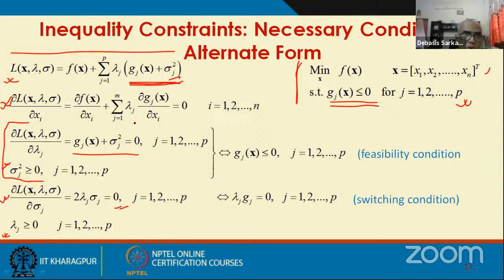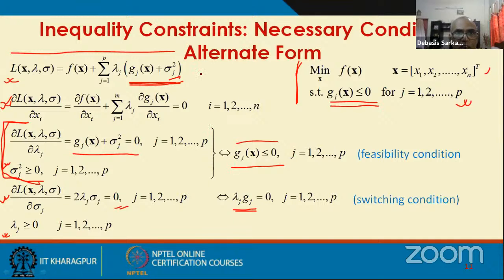So these two can be replaced by this single statement that g be less or equal to 0, the feasibility condition. Similarly, this del L del sigma j equal to 2 lambda j into sigma j equal to 0 can be replaced by lambda j gj equal to 0. So either g equal to 0 or lambda equal to 0. This is known as the switching condition.